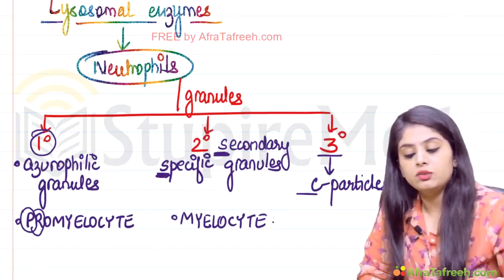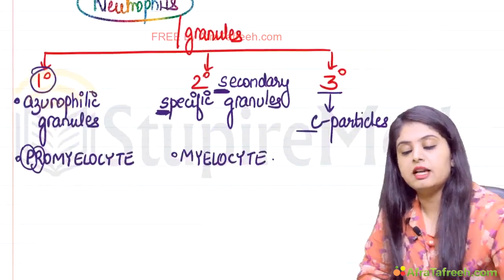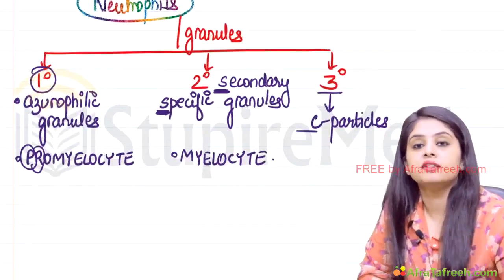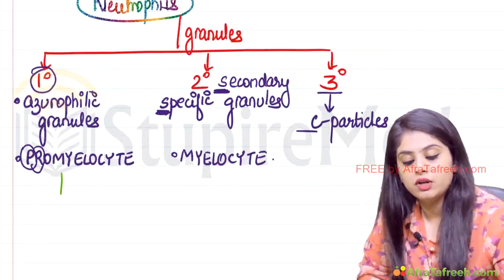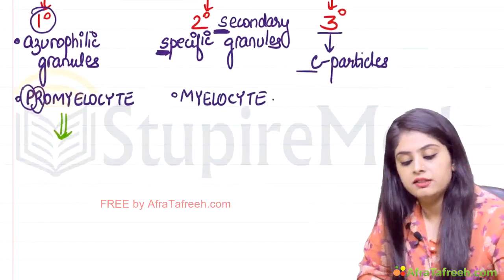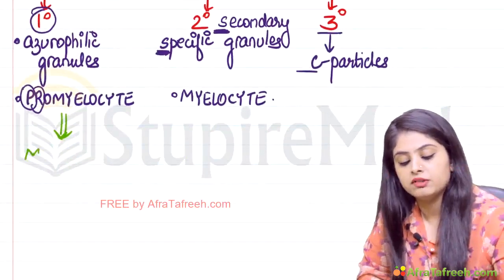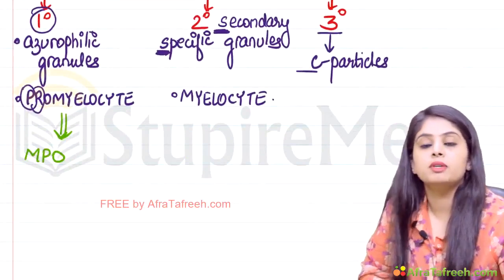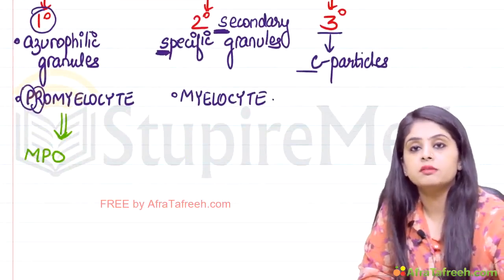Now, if there are granules present in the neutrophils, they are going to release certain enzymes. So, what are the enzymes that are going to come from the primary azurophilic granules? These include myeloperoxidase, MPO. Remember, we did this when we were doing phagocytosis.